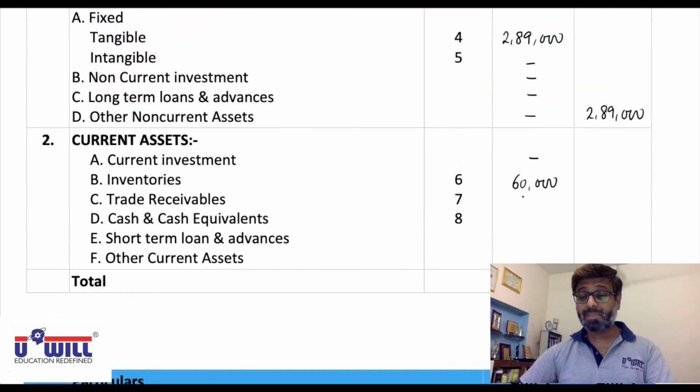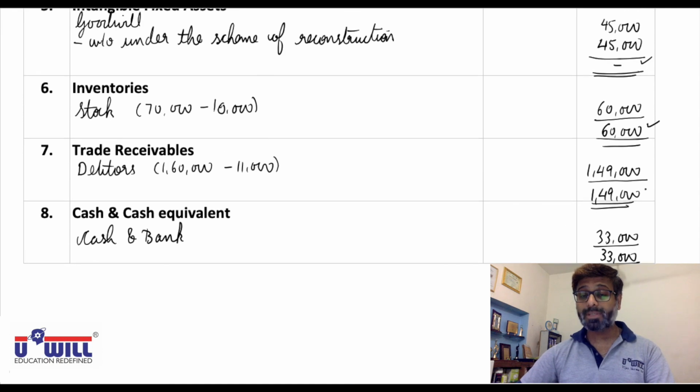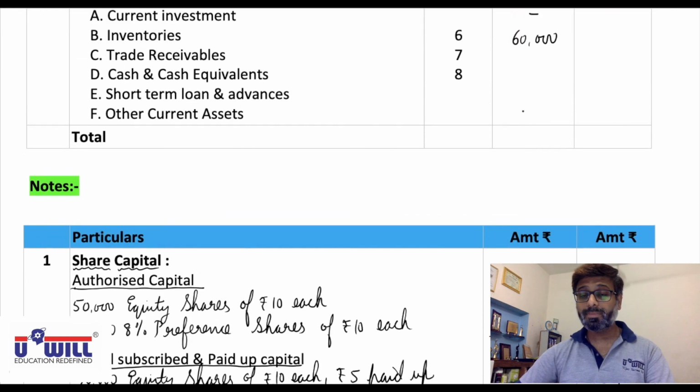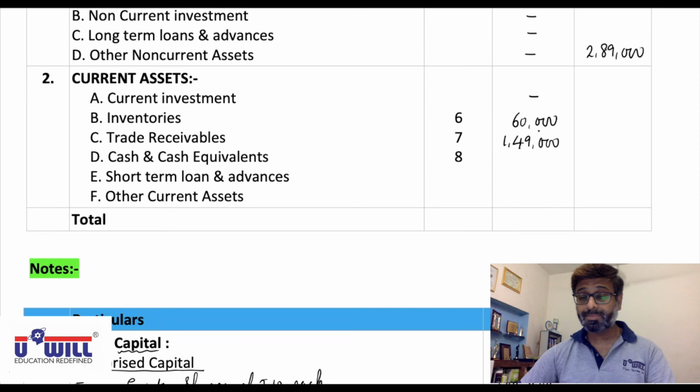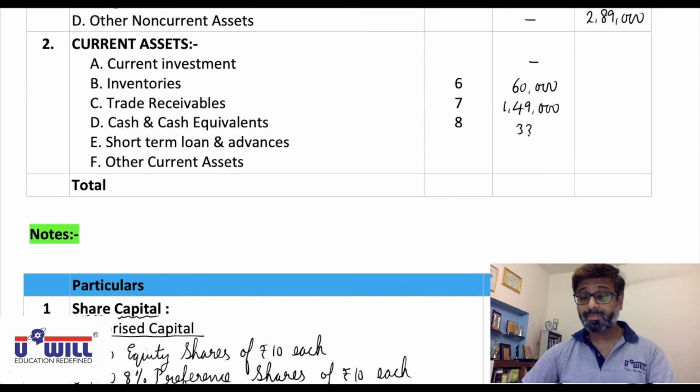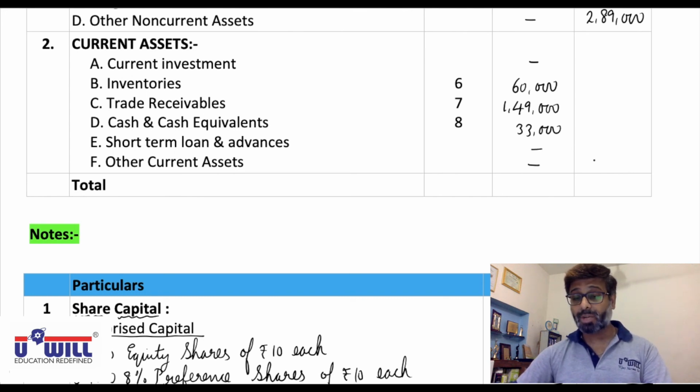Trade receivables as per note 7, 1 lakh 49,000. And cash equivalents as per note 8, 33,000. And we don't have short-term loans and advances and other current assets. So 60,000, 2 lakh 9,000, 2 lakh 42,000.